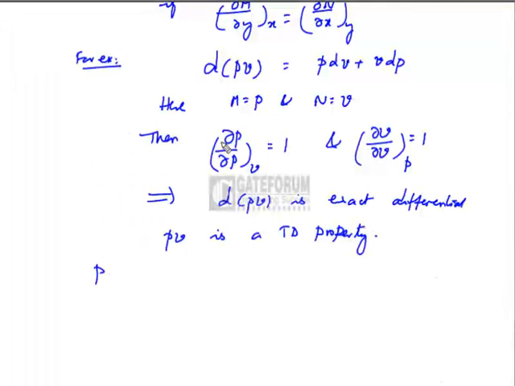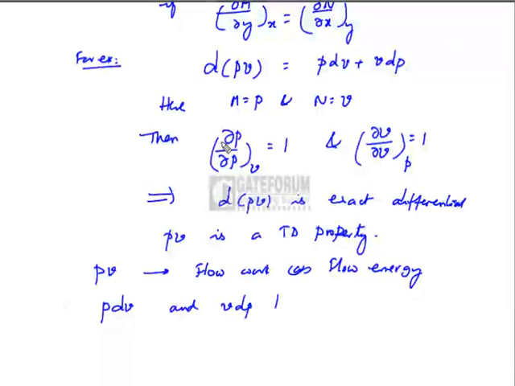The PV product is also known as flow work or flow energy, which is a thermodynamic property. Please note that PdV and VdP are not thermodynamic properties.